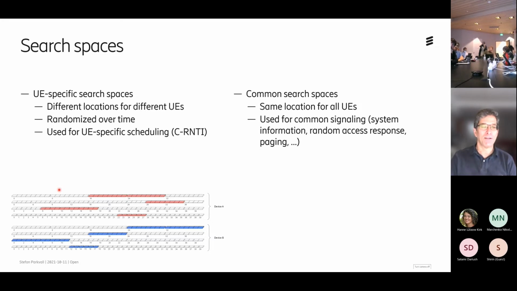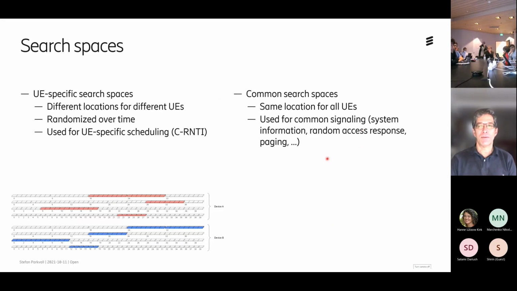So from a UI perspective, the UI vendor probably just would like to try one of these hypotheses. That would be best from a UI perspective. And then you need to find a compromise between the two that gives you reasonable UI complexity and at the same time good scheduling flexibility. And I think we get to that on the next slide, because that was actually quite a large part of the control channel discussions in 3GPP.